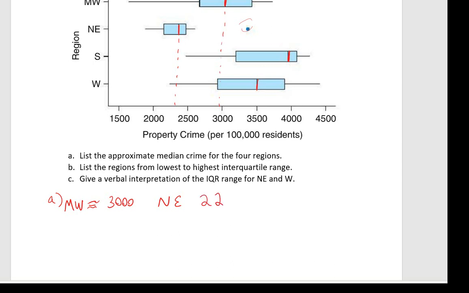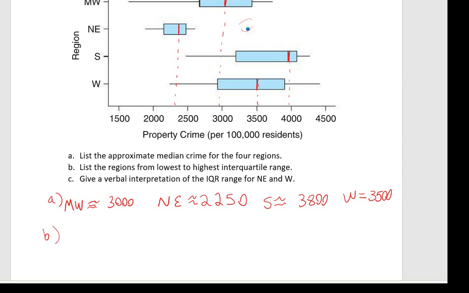So let's say it's approximately 2,250. As long as you're close, that's fine. I don't know if you can tell, but I draw my lines a little crooked. For the South, I'm going to say that's about 4,000 or 3,800. And for the West, I'm going to say it's about 3,500. So remember, that center line is what gives you the median.